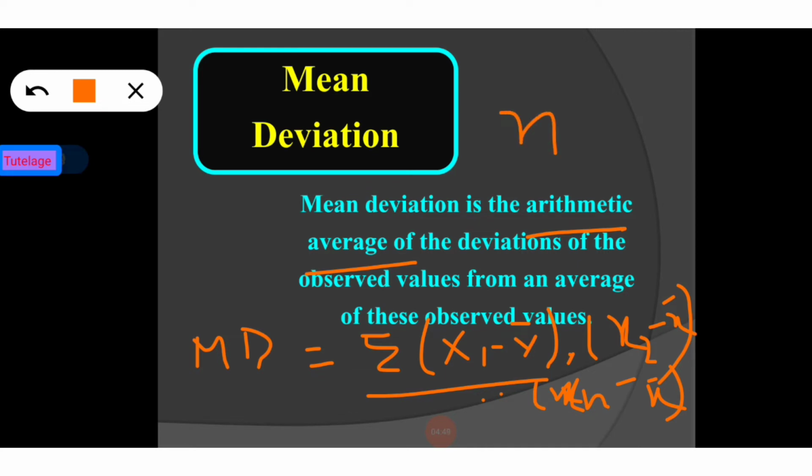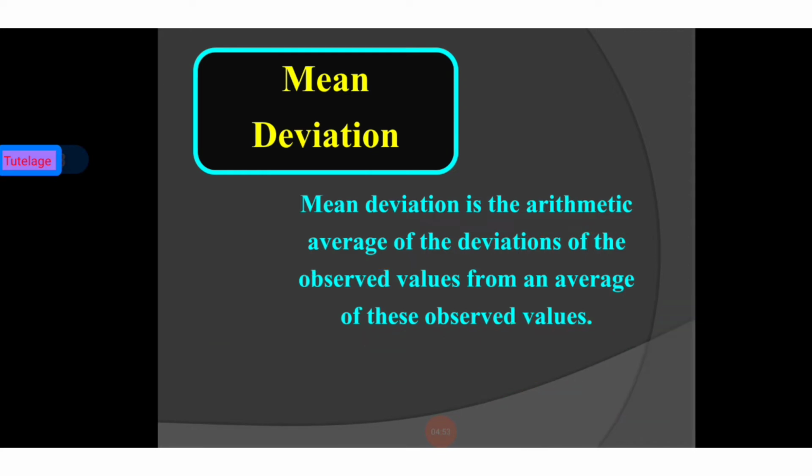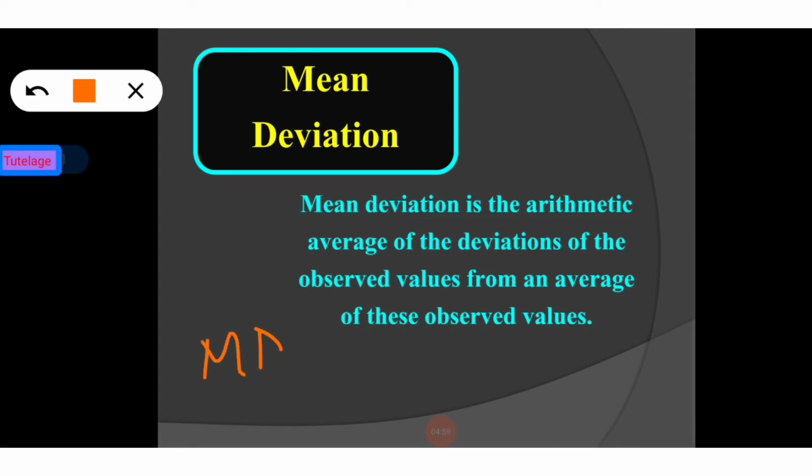So this summation is divided by small n. Okay, there is a space crunch, so MD equals summation of absolute x minus x bar divided by n.